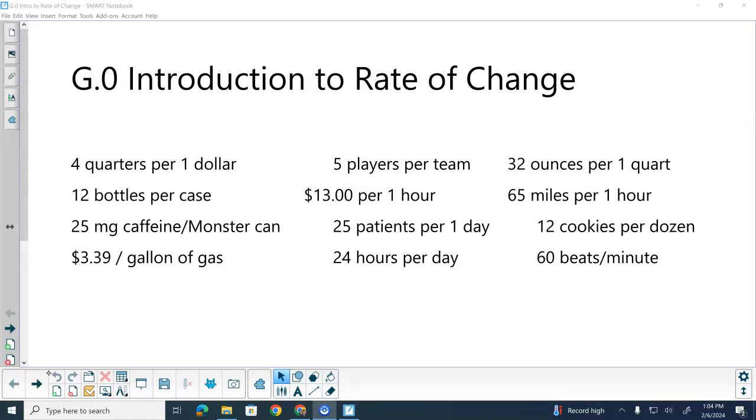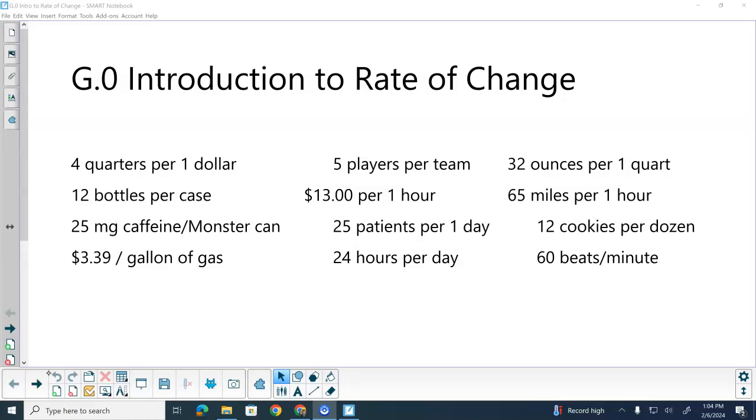So at the top of G.0, which is kind of like the intro to Unit G, we've got 12 different things. I've got the 12 right there up on the board.